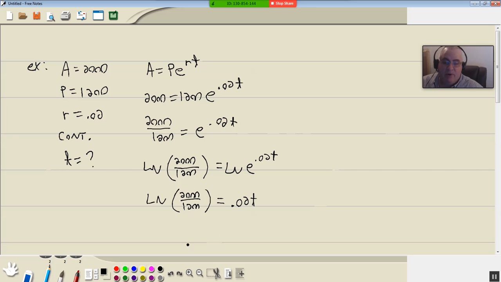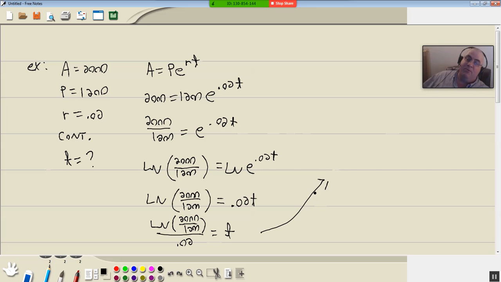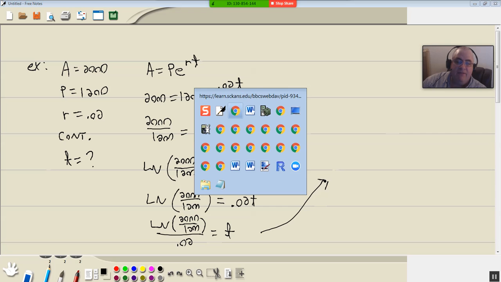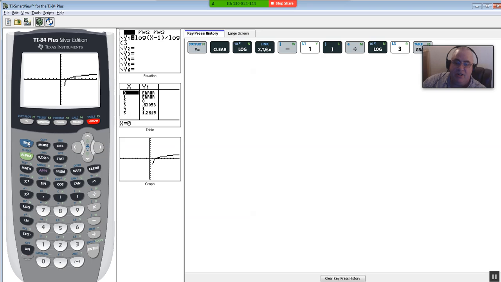And then we're going to divide both sides by 0.02. When I said there's not a whole lot of need to simplify that, it's because you're going to end up plugging it in your calculator anyway. So if you want to simplify it, that's fine. But if you're going to have to use a calculator, there's not much need.